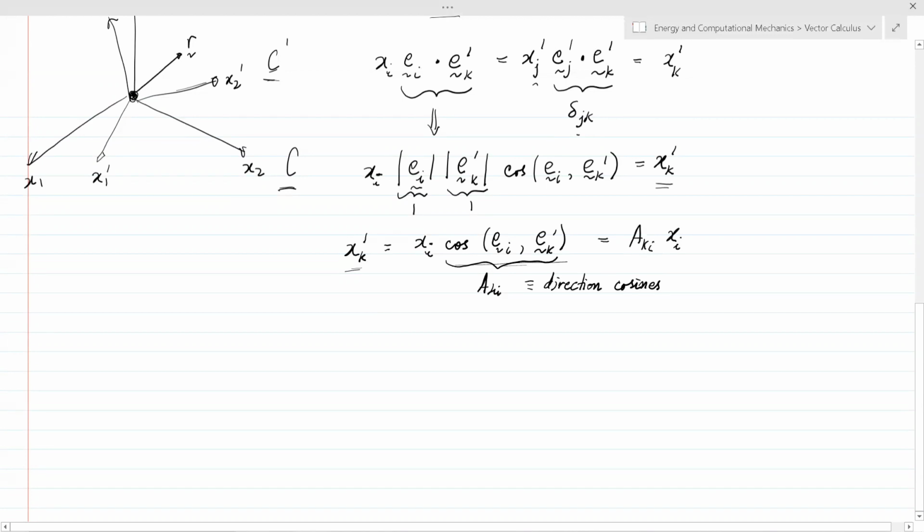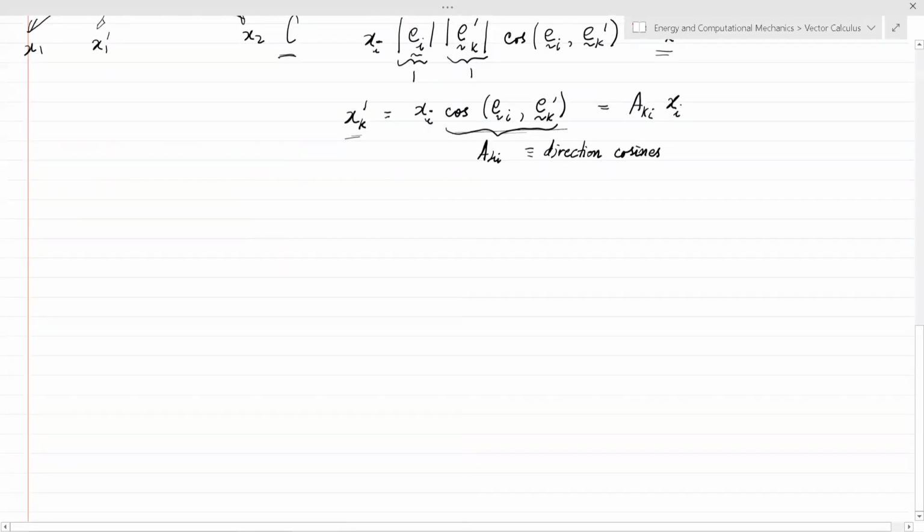And so the properties of direction cosines take this form. I have aki, which has 9 components, but only 3 are really independent.